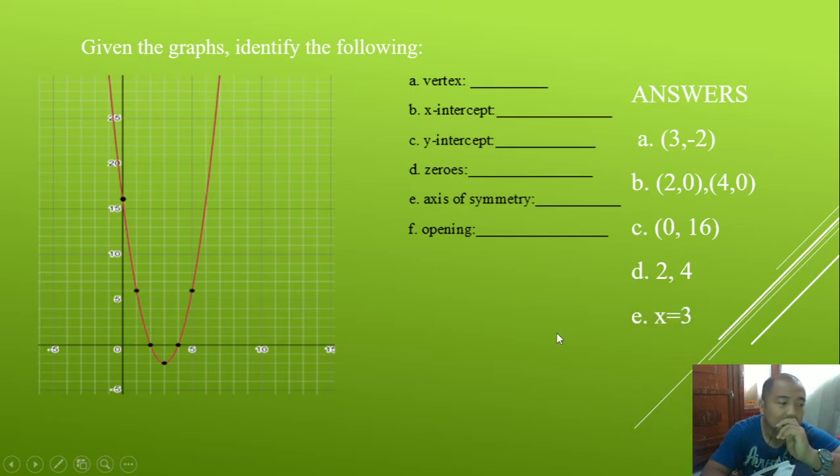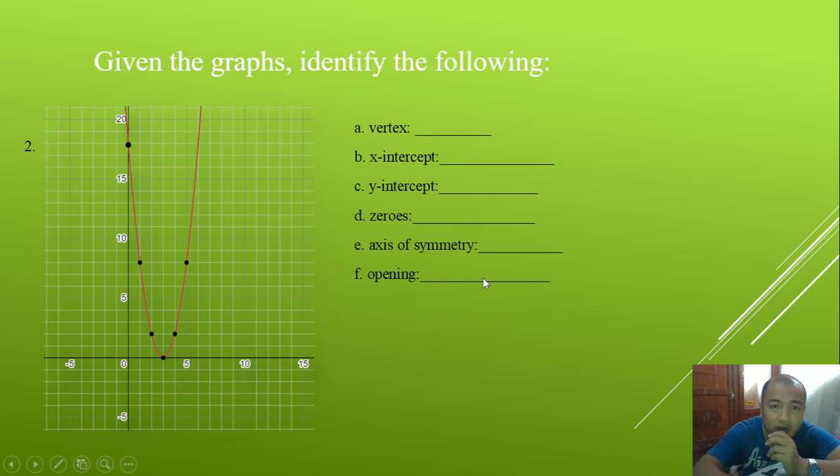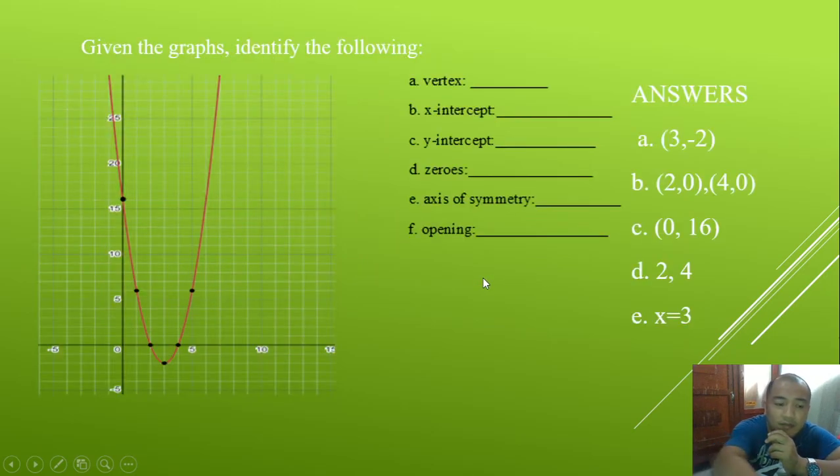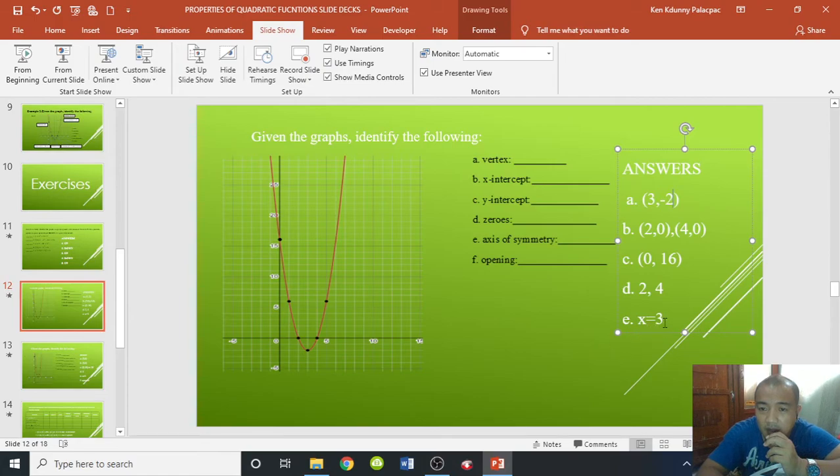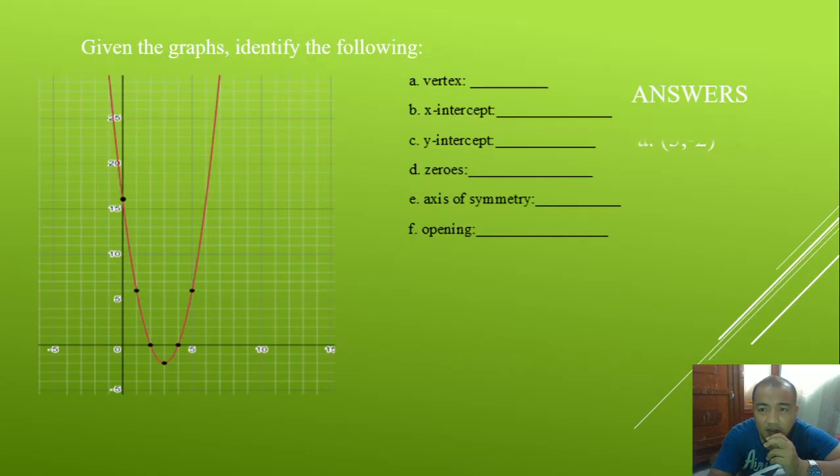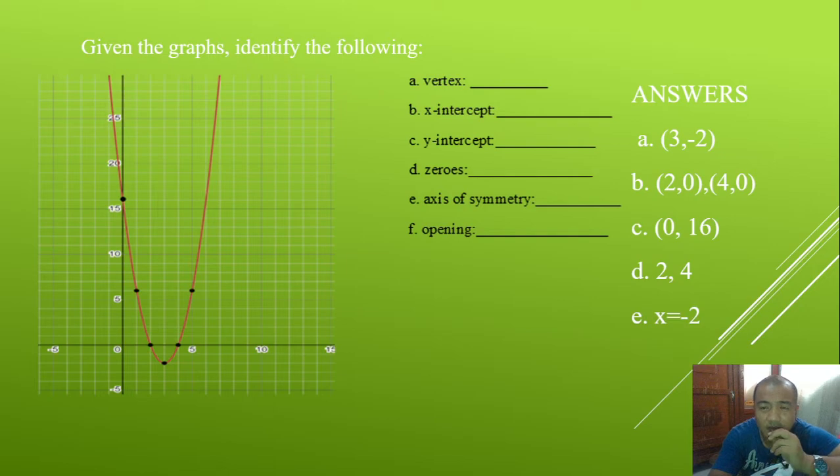How about the axis of symmetry? Axis of symmetry is x equals h. What is h? X equals negative 2. That's wrong. Wait. Excuse me. The axis of symmetry is x equals h. Wait, h is 3.